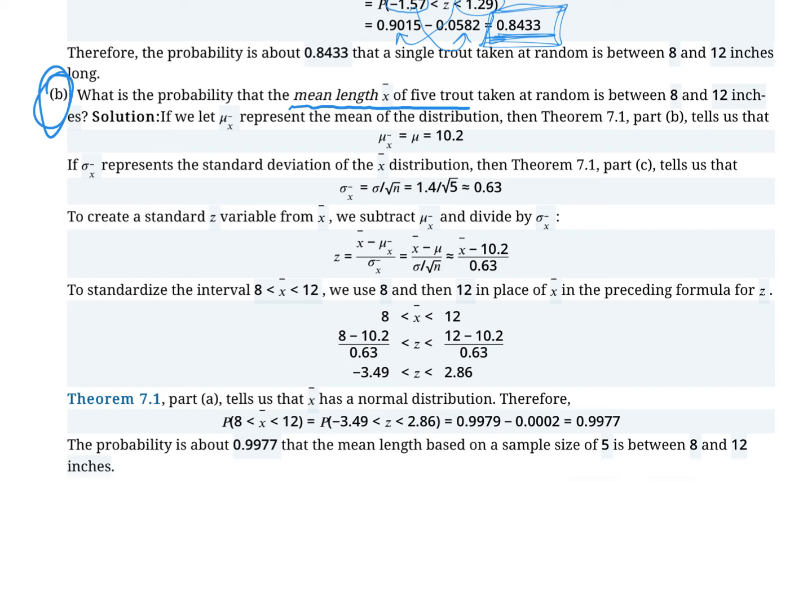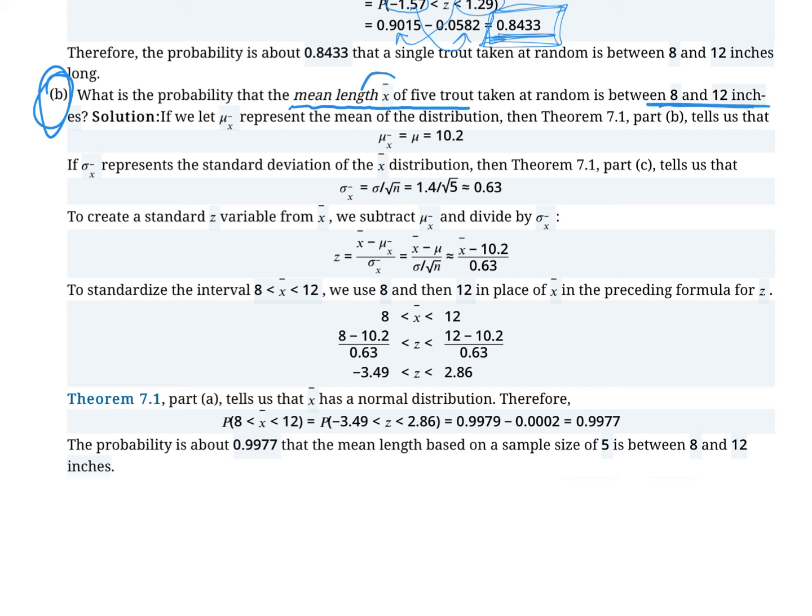Come on, Caitlin, we're going to go to this lake. You're only allowed to catch and keep 5 fish. So she's going to catch 5 fish. I'm going to add the lengths of those 5 fish together, and I'm going to divide by 5, and that's going to give me the mean length of my daughter's 5 fish. And the question is, what is the chance that that mean length is between 8 and 12 inches?